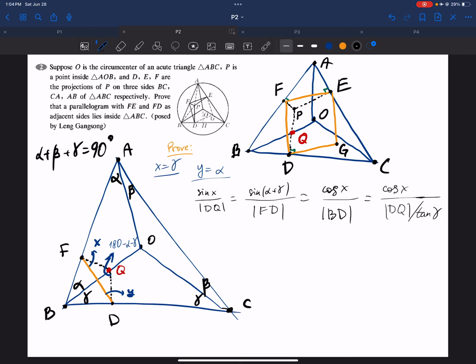Because tan gamma is DQ divided by BD. So we get that DQ over tan gamma is BD. Awesome. Now we have this equal to this. We can just get rid of DQ, and we get the following equation, that basically tan x equals tan gamma.